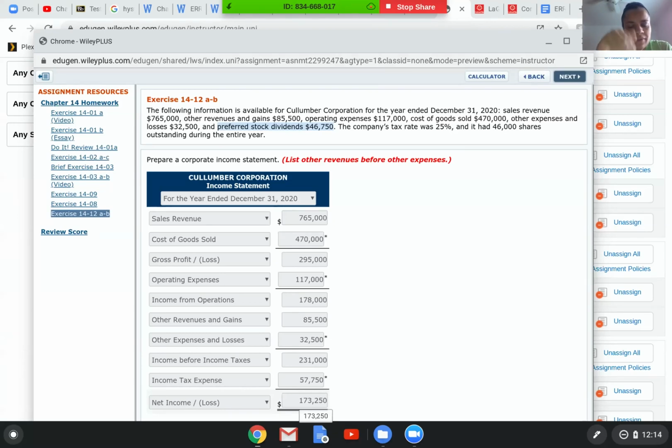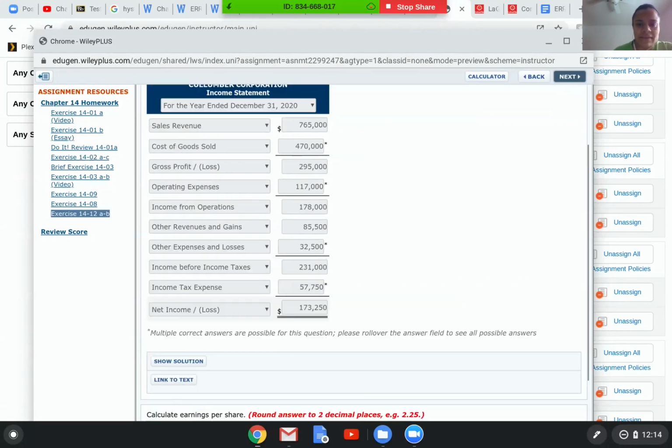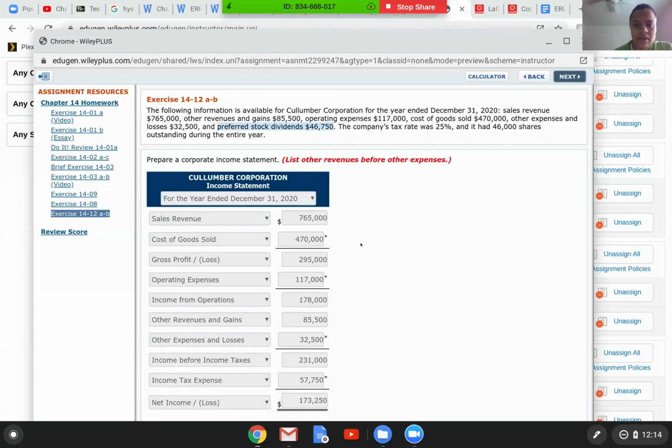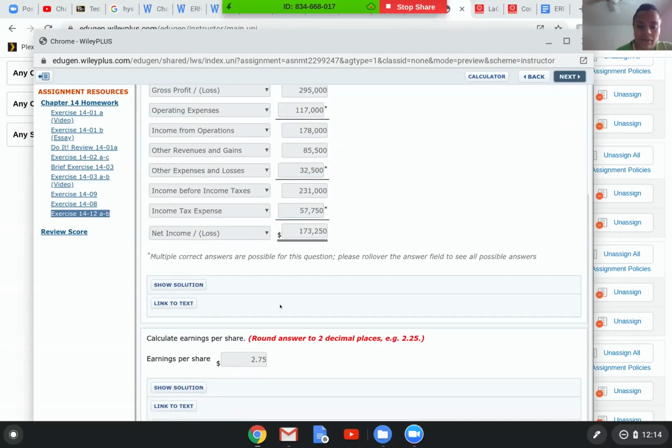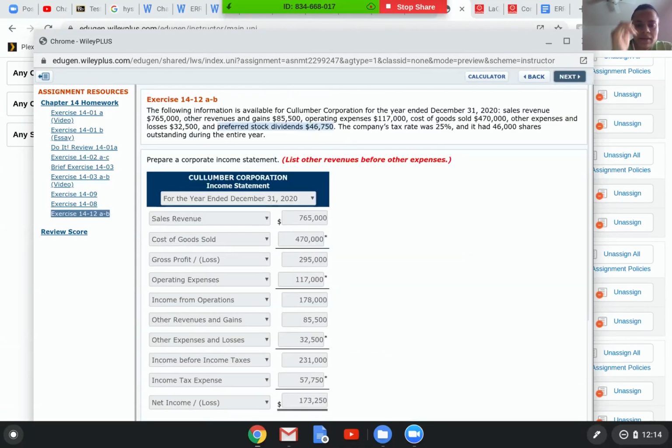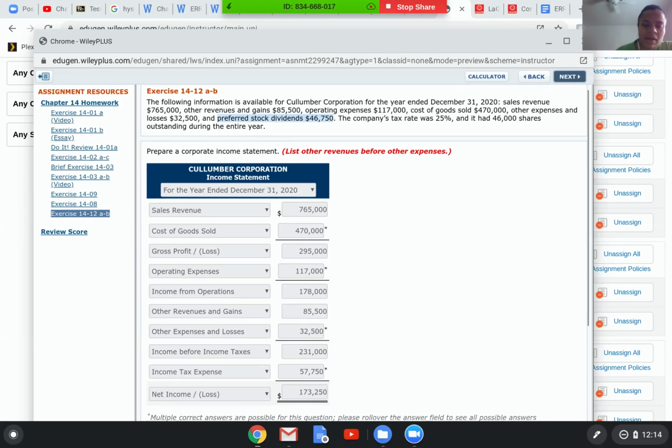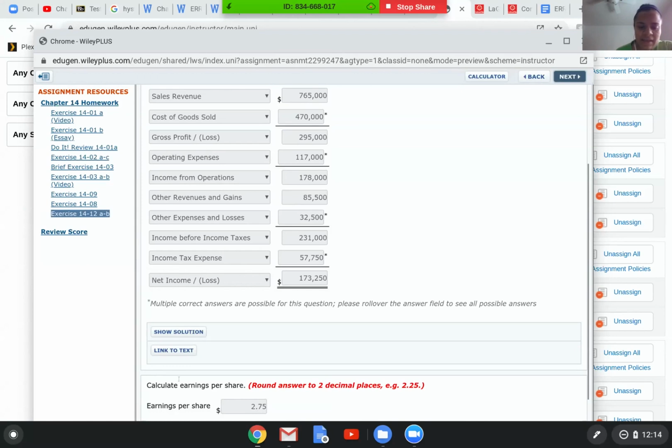I just want to be clear that the preferred stock dividend amount is given, but it's not needed for this part of the question. It's needed for when you calculate earnings per share, because net income is monies that could be distributed to both common stockholders and preferred stockholders, but earnings per share is a number related to common stockholders only.